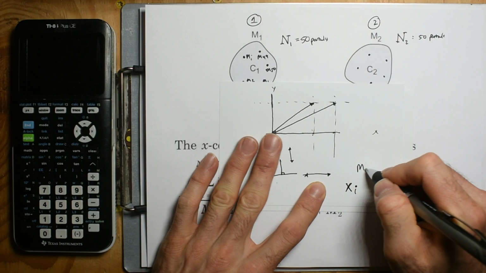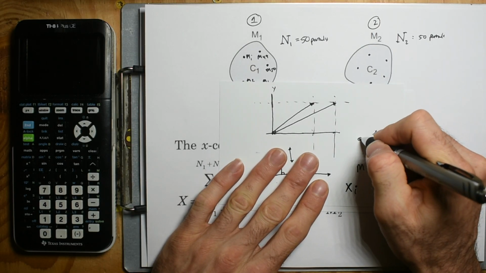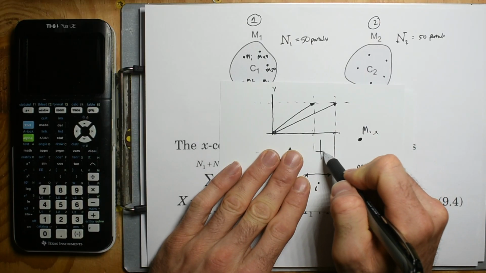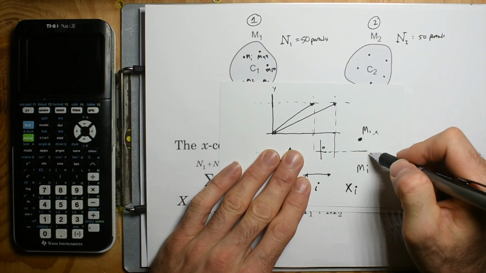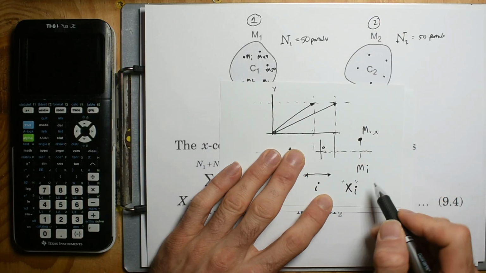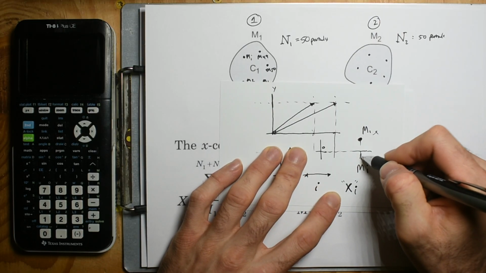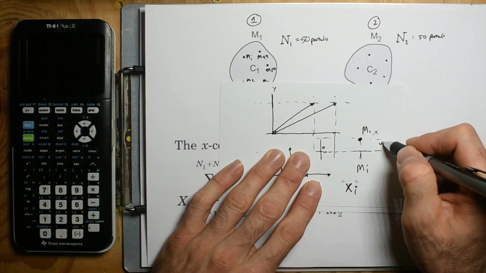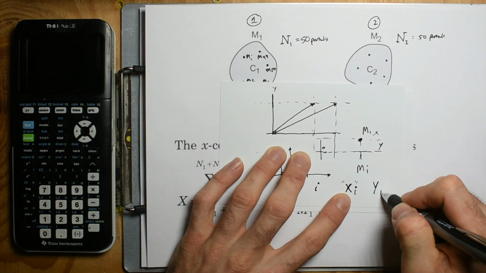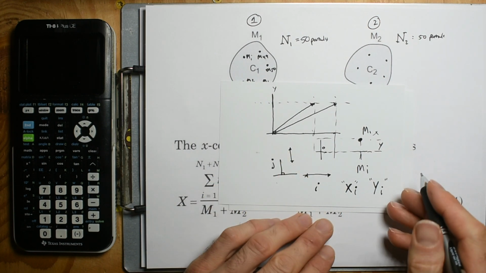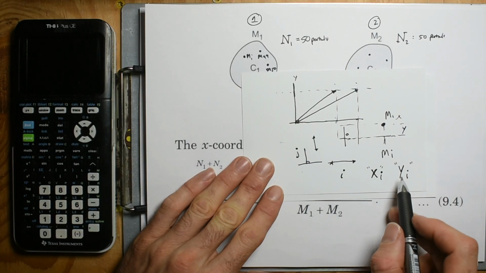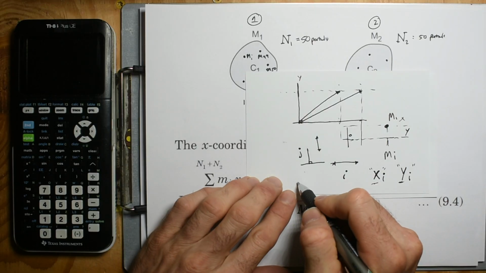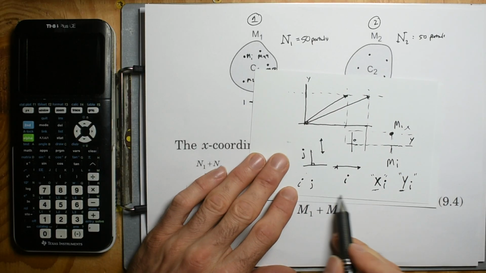So we have m sub i, this m1 particle, from maybe the origin, and its distance is in the x direction. We're going to call that the x_i direction. Then up here we have the y direction, and it's going to have a y_i. I don't know how to explain it for this video, but it seems like you don't even need to have this y term. You could just have your particles as i and j terms.